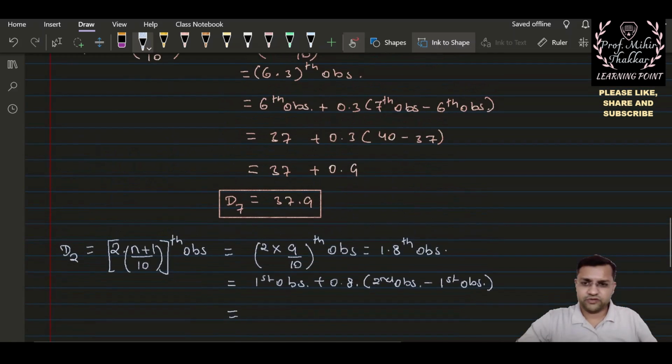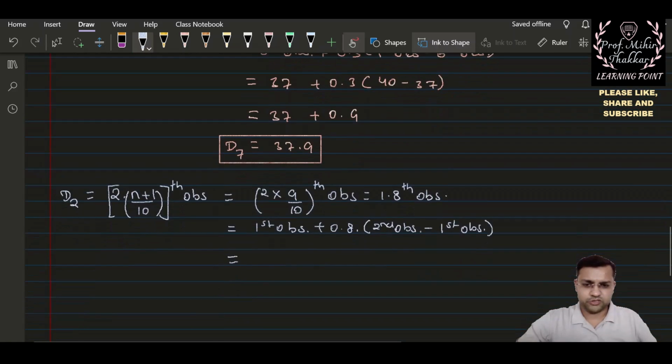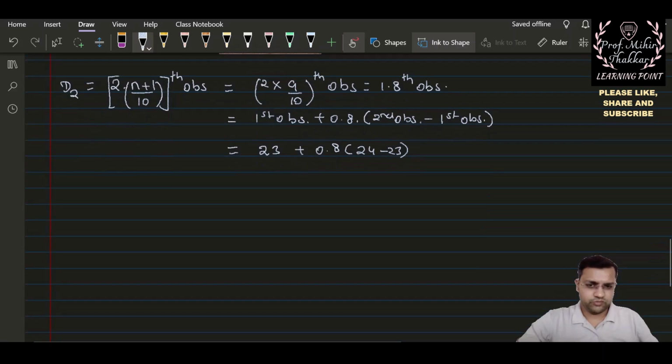The first observation is 23, the second observation is 24. So I write 23 plus 0.8 into (24 minus 23). This is 1, so 1 into 0.8 is 0.8 itself. And 0.8 plus 23 gives you 23.8. So that is our required value for D2.